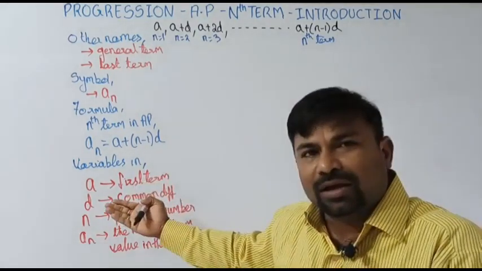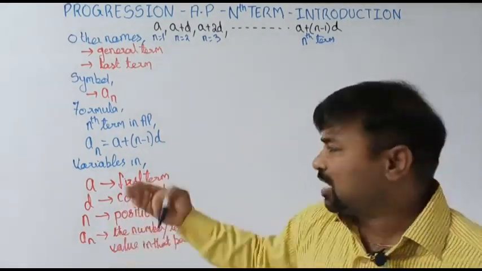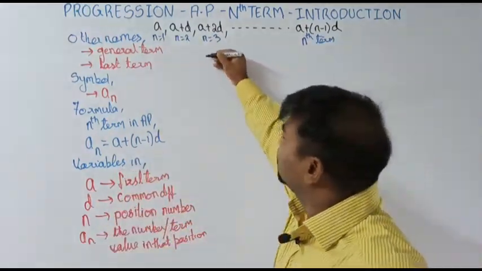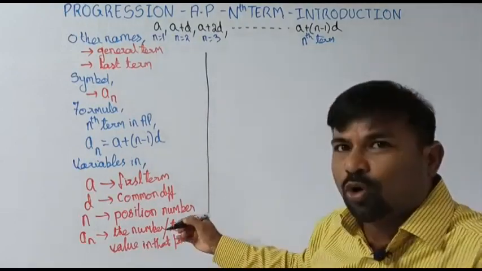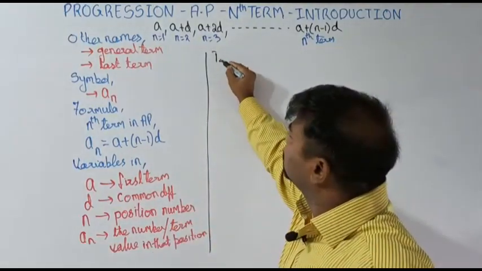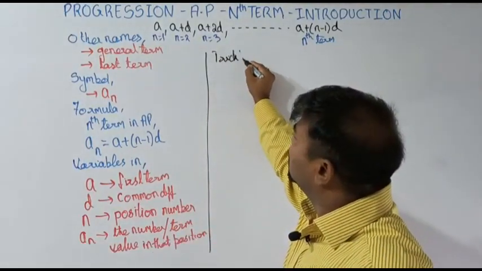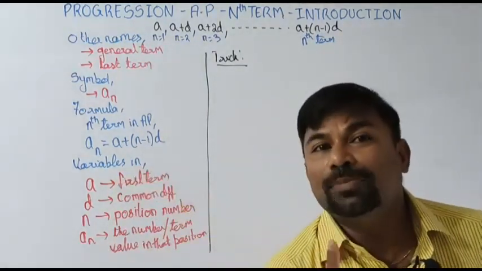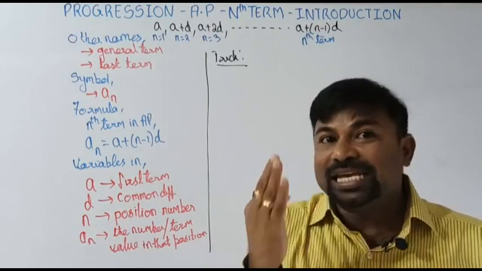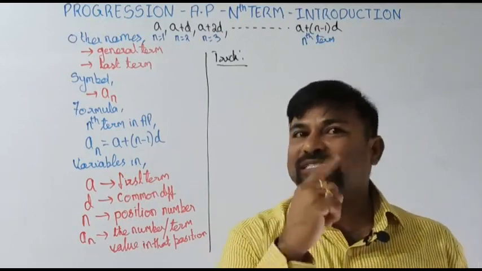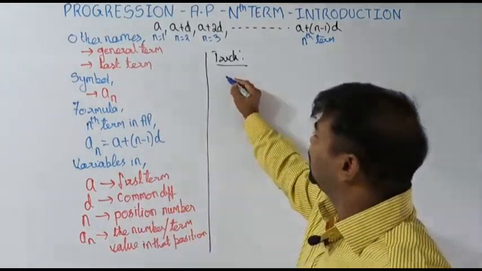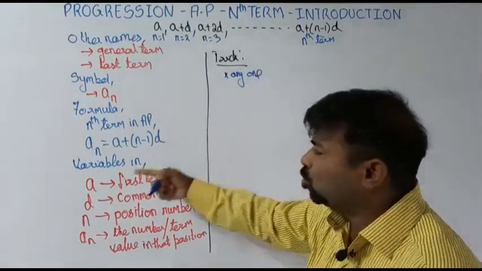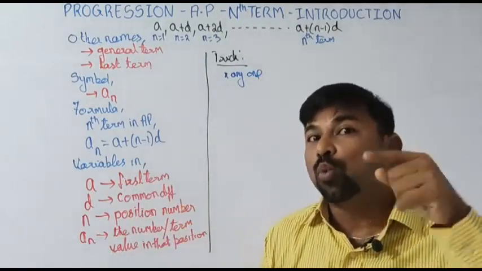Alright. These are the variables present in the formula: A, D, N, an. Now, what's the trick here? Why should we know the variables? The trick is that out of these 4, any one will be questioned and the remaining 3 will be given to you. Any one of these 4 variables will be questioned.